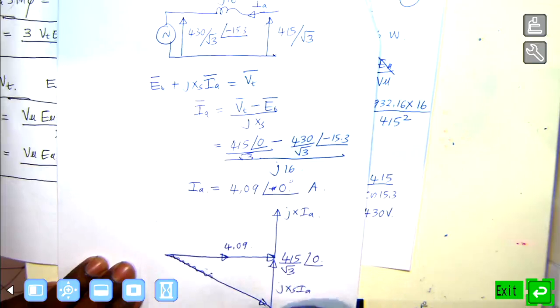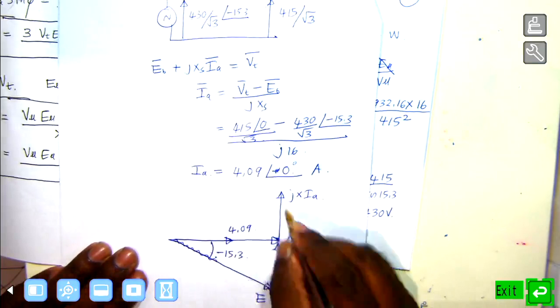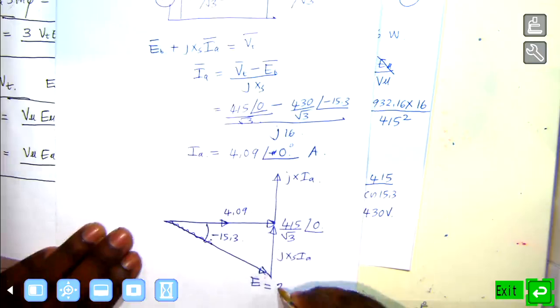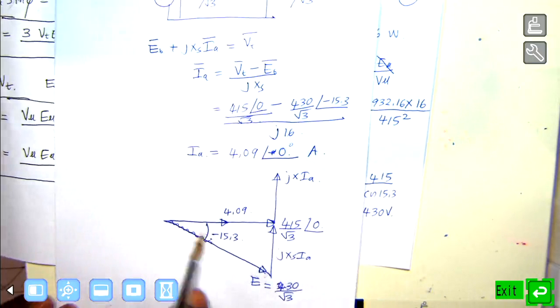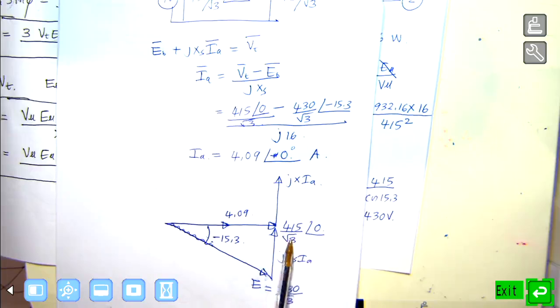So this will be your E, and that will be lagging by minus 15.3. And this will be magnitude of 430 over root 3. So you have E plus JXS IA equals the terminal voltage. That's 415 over root 3 phase reference.